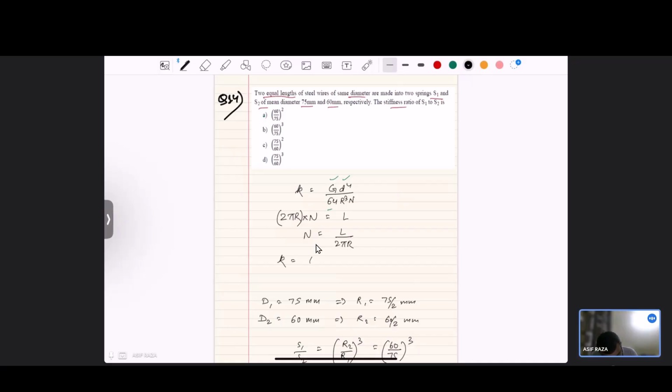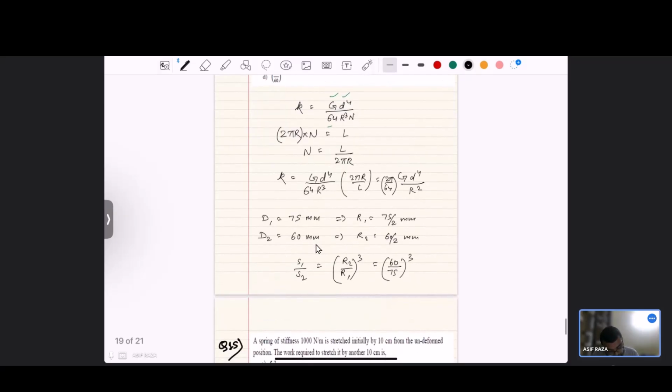Stiffness can again be written as G d^4 upon 64 R^3 times 2 pi r upon L, and this can be written as G d^4 times 2 pi by 64 L upon r square.